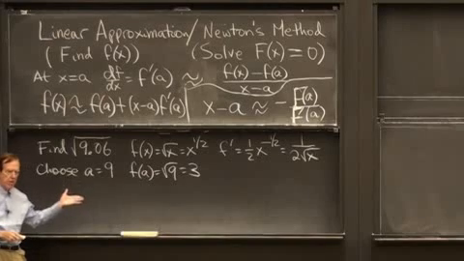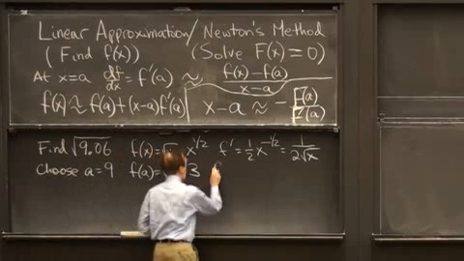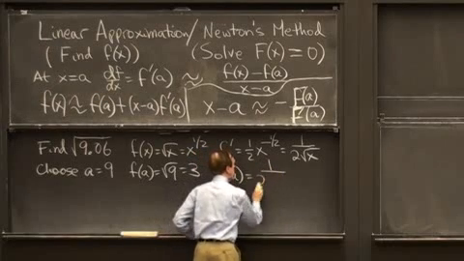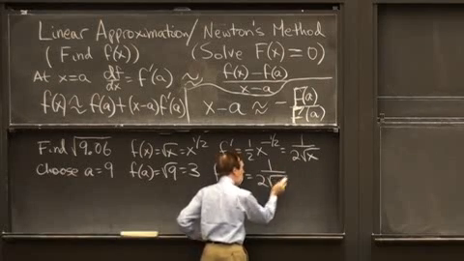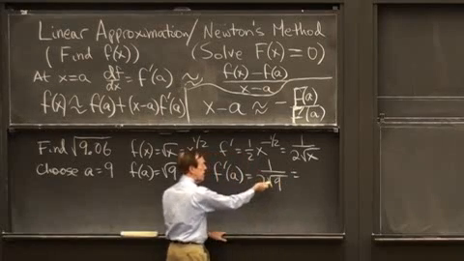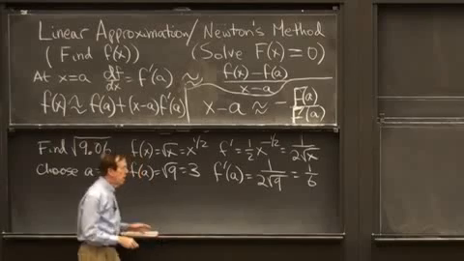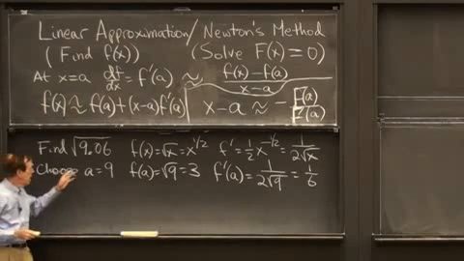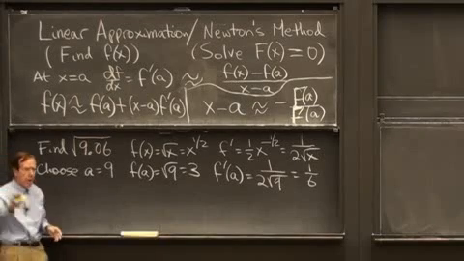We can evaluate the function easily at 9. And f prime at A is 1 over 2 square root of A, the square root of 9. So what do I have for that? That's the easy number, 3. That's 1/6. In other words, I know what's happening at x equal 9. And that's the particular point I'm calling A, and I'm working from there.